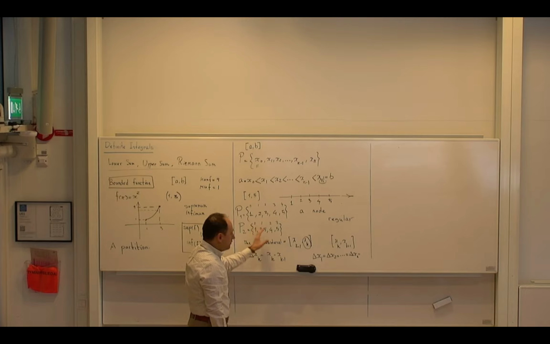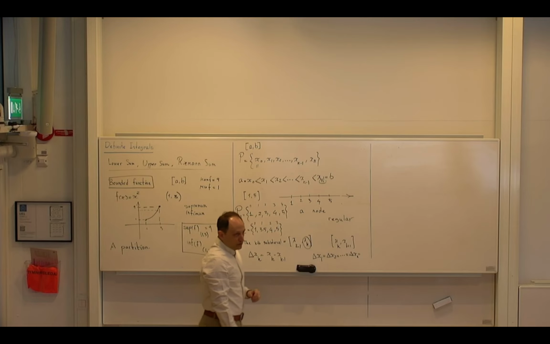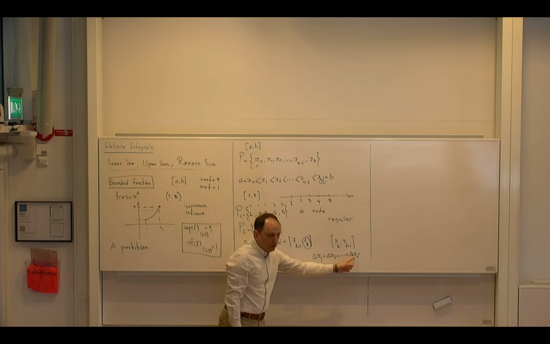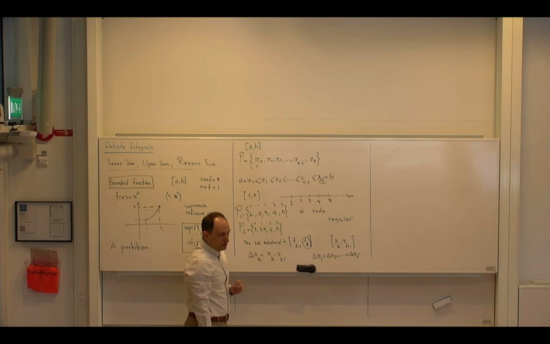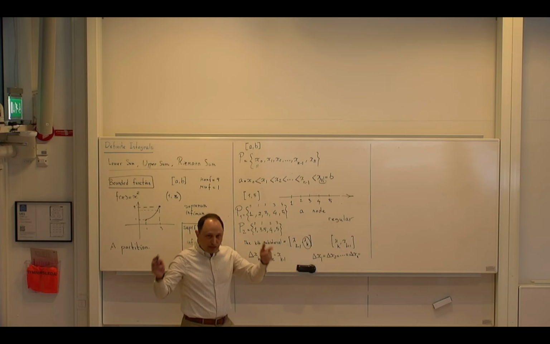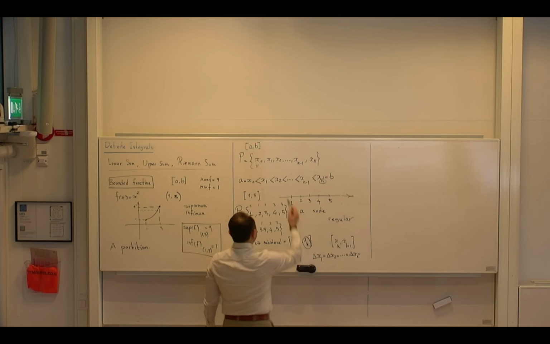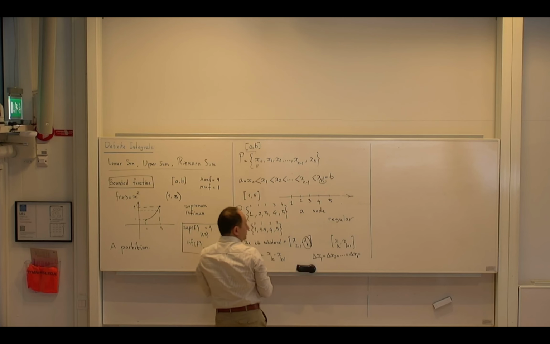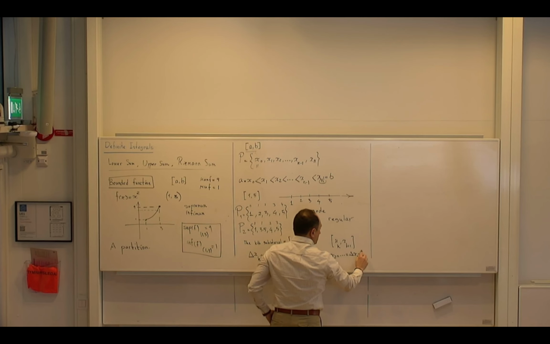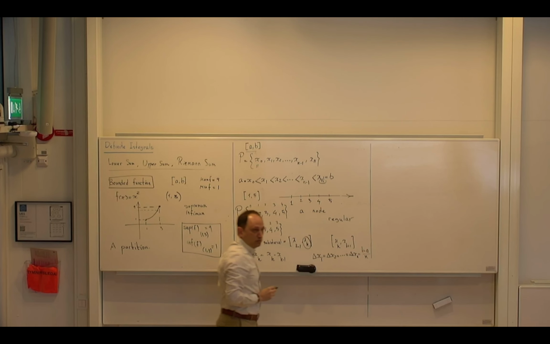But if all of them have the same length, then it is called a regular partition. Then I can write a formula for the length of each one of them. And that is equal to the total length divided by the number of intervals. So what is the total length from A to B? The total length is B minus A, and I divide it into n equal pieces.